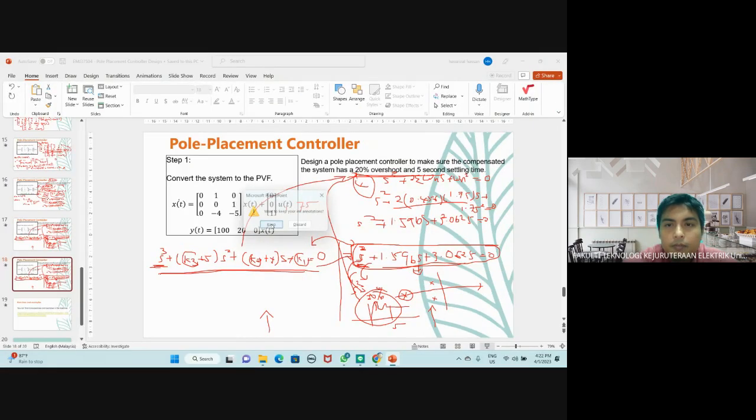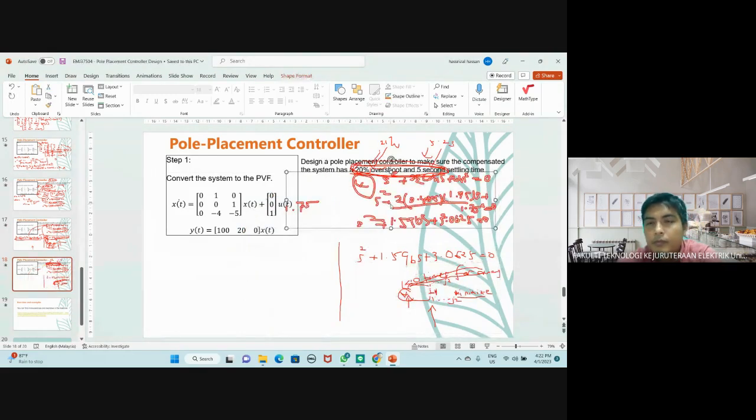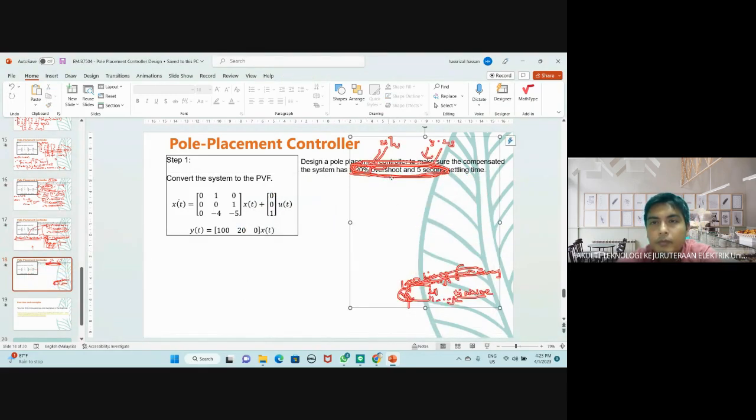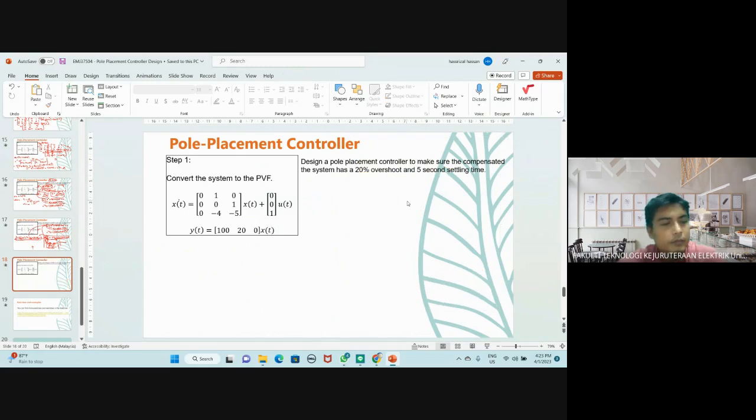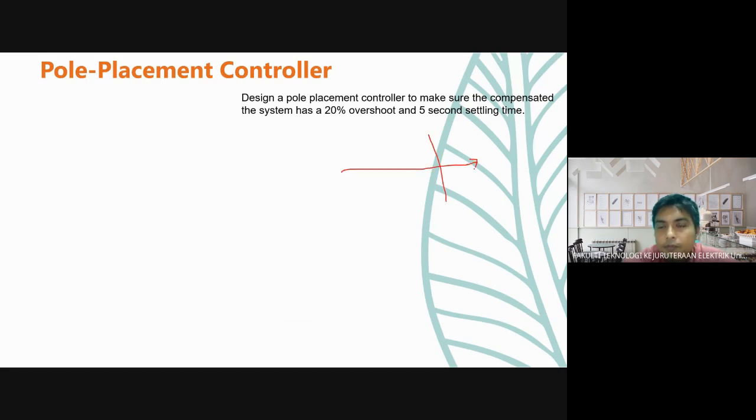Pointer option, pen. Example, we go straight away to the question lah.